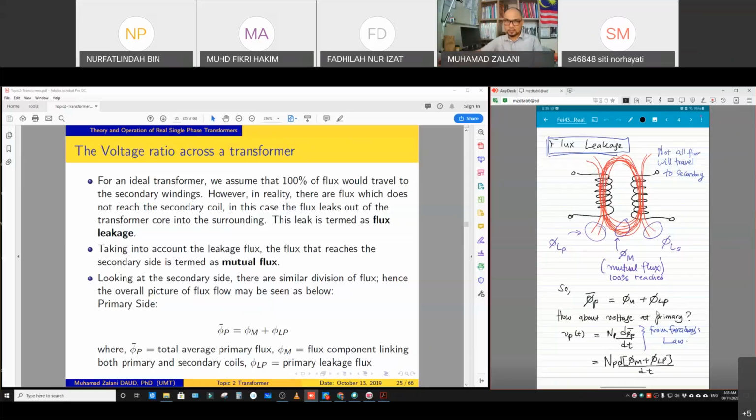So how about the voltage at the primary? Still, we can use the same method, which is using Faraday's law. Okay. So at the primary, if we apply Vp of voltage at the primary, we can say that this Vp is equal to Np d phi over dt, just using Faraday's law. Now this phi, we substitute this phi p average with this equation.